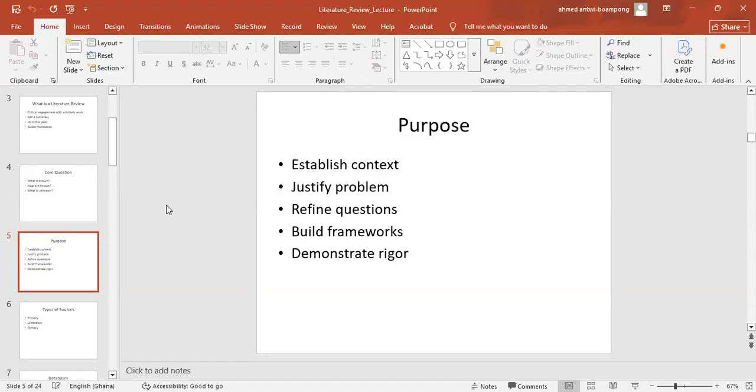All right. A literature review is supposed to establish your context. So when a student embarks on an academic endeavor to investigate, to explore, to design, there has to be a solid foundation of literature that establishes the boundaries and the context within which you want to conduct your research.